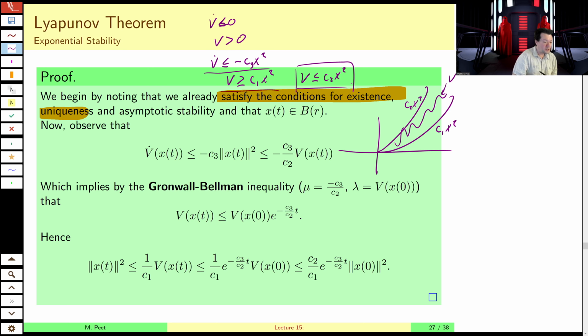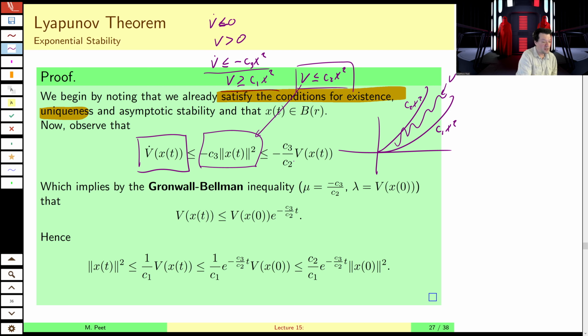So now let's examine that v dot, right? v dot, of course, is less than negative c3 x squared. And here we get to the reason we have the upper bound.